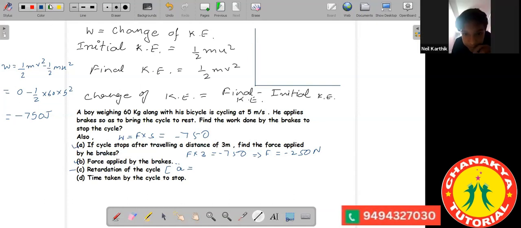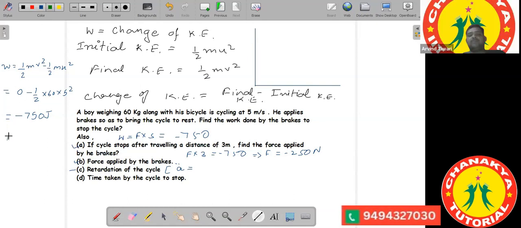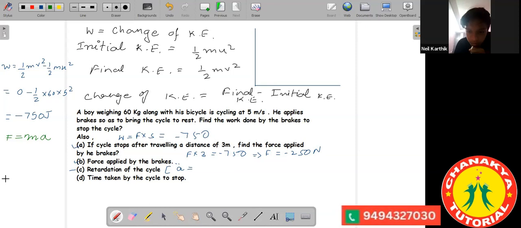We get the acceleration by using the formula force is equal to mass times acceleration. By putting the value of force and the value of mass, we will be able to compute the value of acceleration. Retardation is negative acceleration.